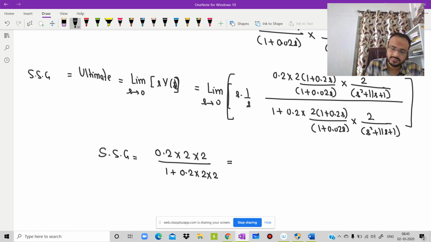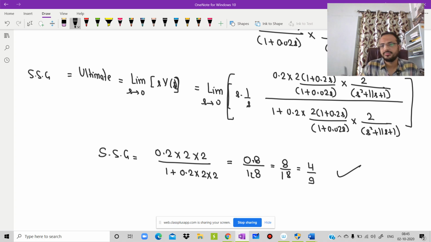So you will get 0.8 divided by 1.8, that is 8 by 18, so 4 by 9 is the correct answer.